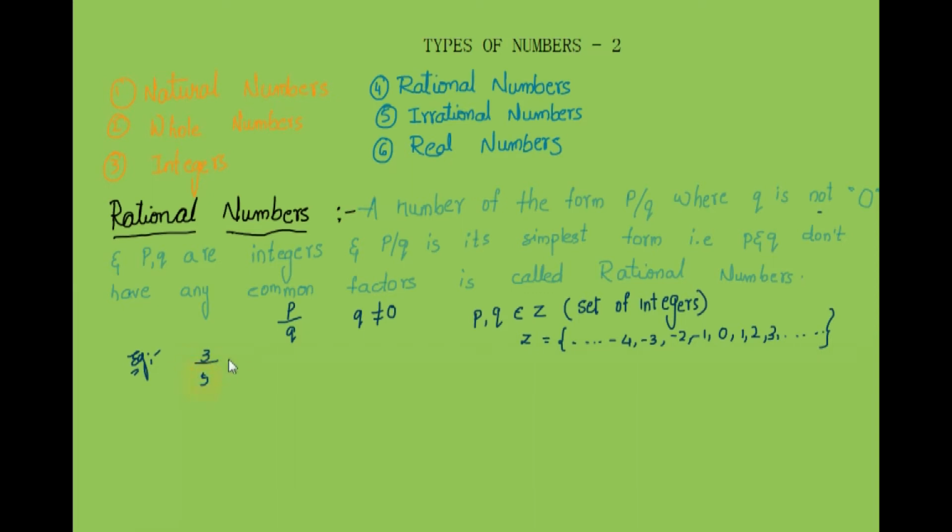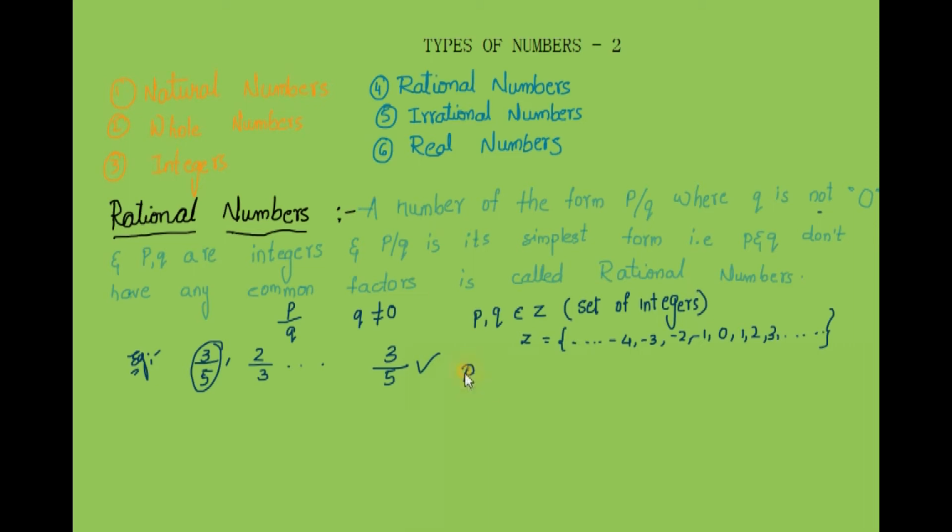Examples of rational numbers are 3 by 5, 2 by 3, etc. Let us take 3 by 5. It is in the form of p by q, where q, the denominator, is not equal to 0, and p, q are integers. 3 belongs to integers and 5 also belongs to integers. So this is a rational number.